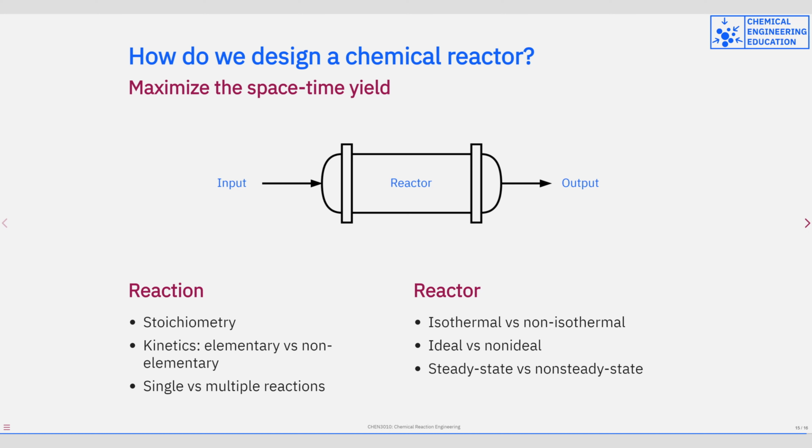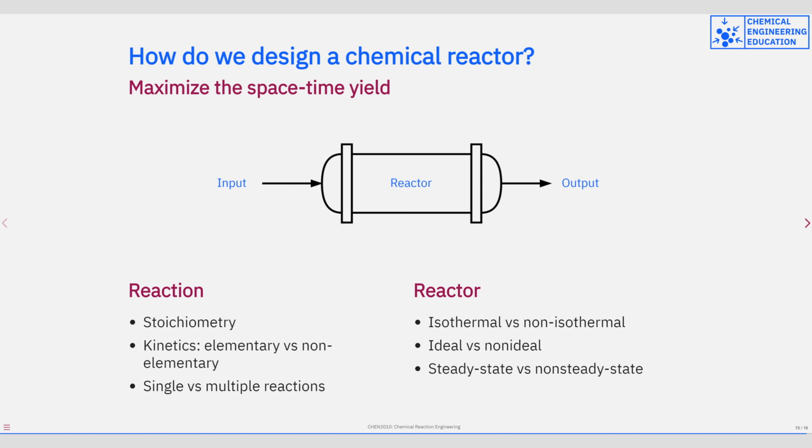Ideal versus non-ideal. Ideal reactors, such as a perfectly mixed batch reactor or a plug flow reactor, greatly simplify the design equations. However, real reactors often exhibit non-ideal behavior due to factors like incomplete mixing or channeling.